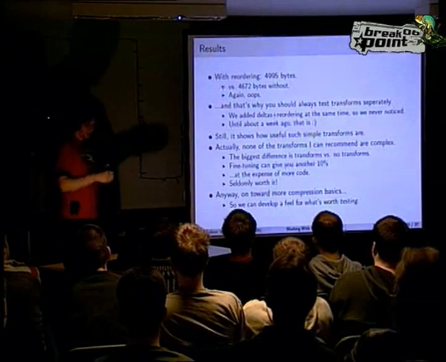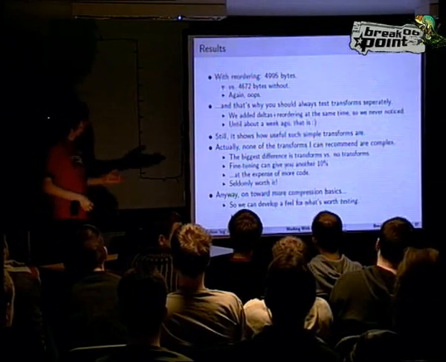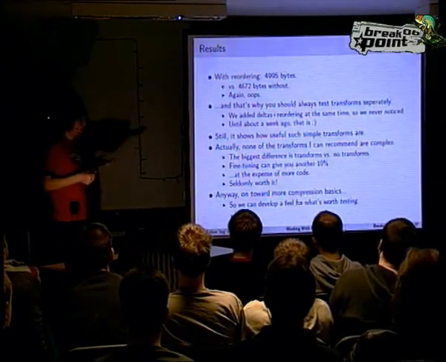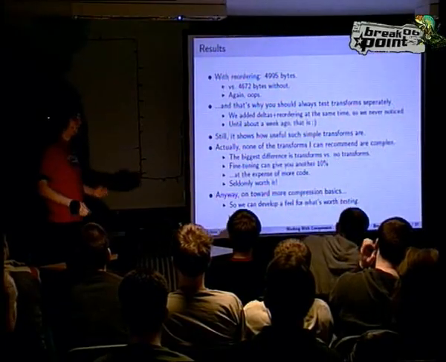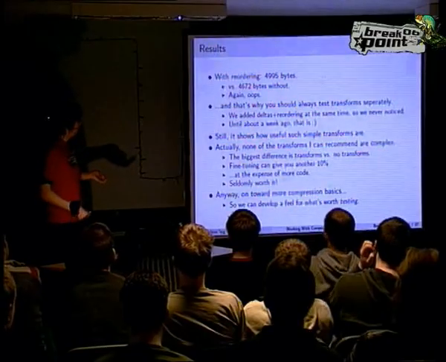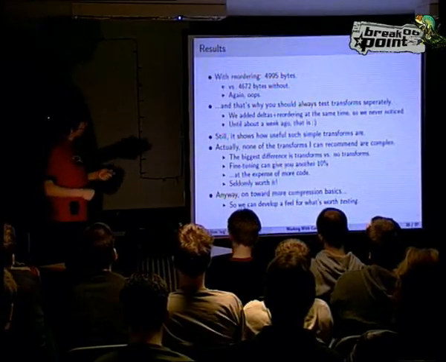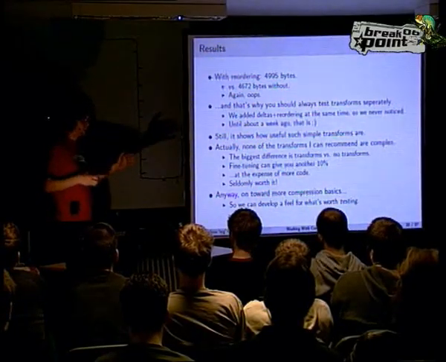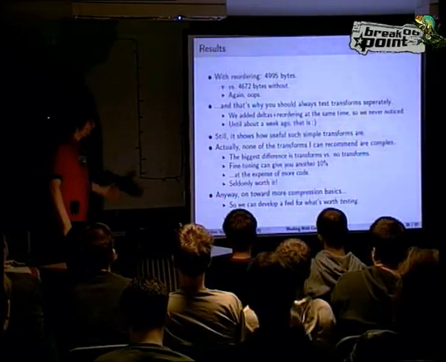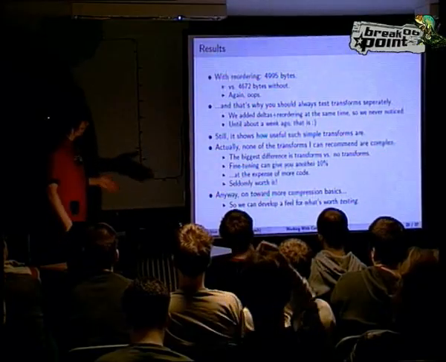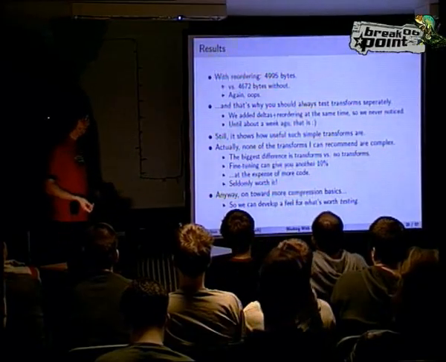More complicated stuff can give you maybe another 10% improvement over the really basic changes. But it's a lot more code, and the fancier you try to get, the more you have to assume about the type of data you're dealing with. Something like delta coding, you can basically do without even knowing what type of data you're looking at.